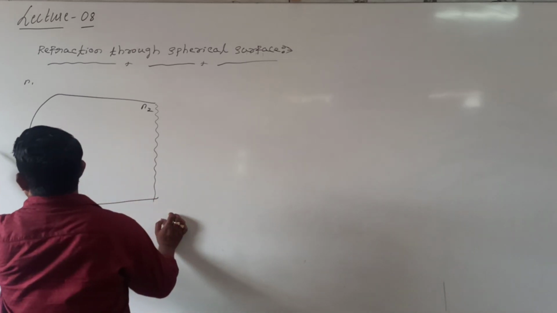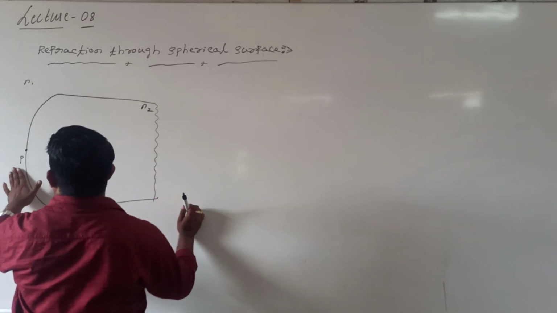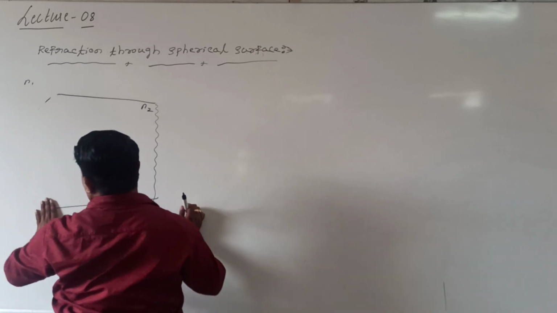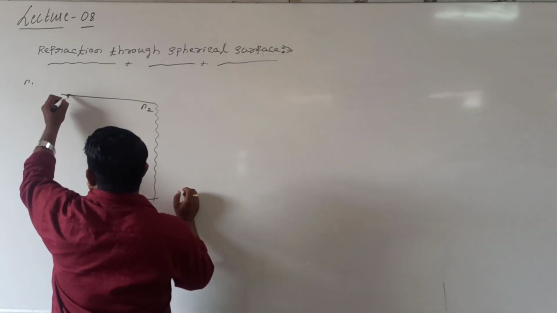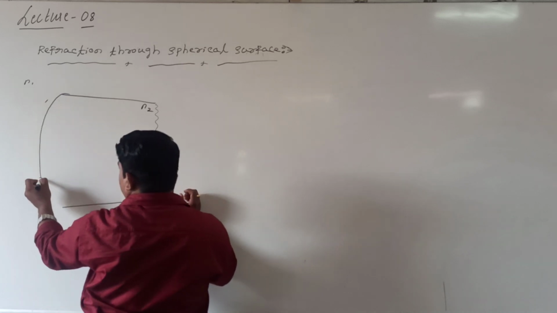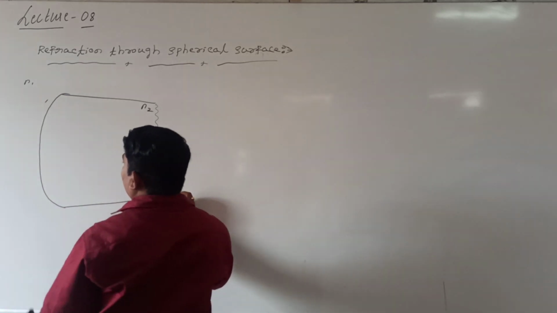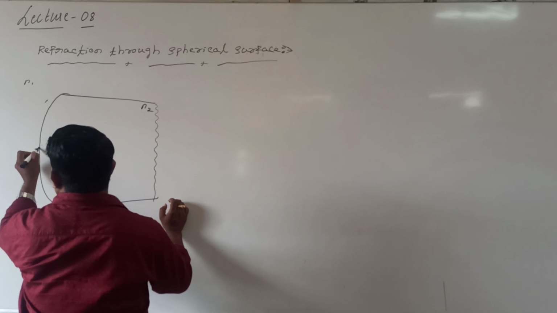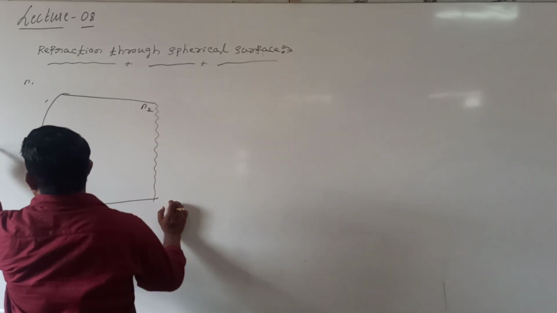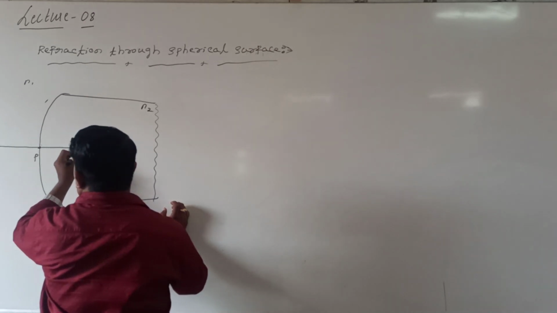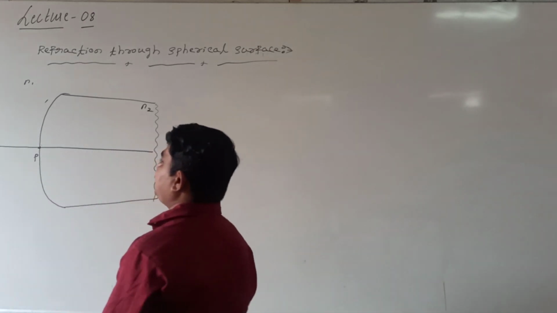This is a convex spherical refracting surface. The center part I call the pole, right? The imaginary line passing through the pole, what do we call this? Principal axis.